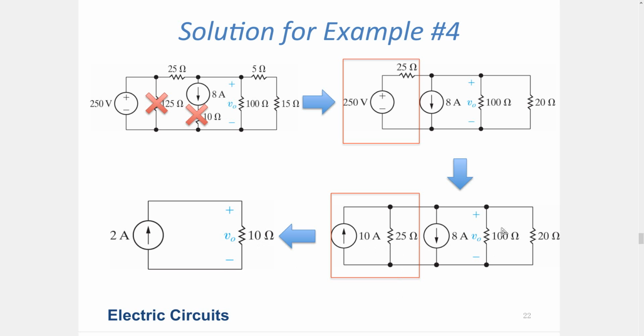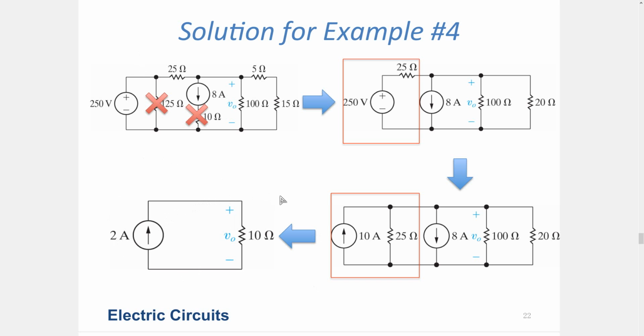You can compute it by 1 over 25 plus 1 over 100 plus 1 over 20, and you take the inverse of it. So the equivalent of this complex network can be represented by a much simpler circuit, which is much easier to handle and to learn. This has an interesting outcome, which we will learn.